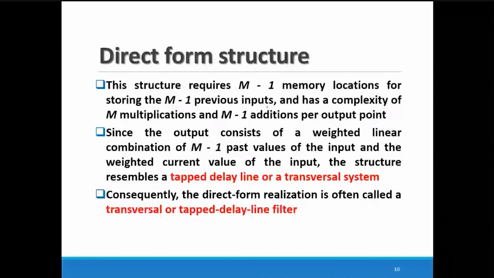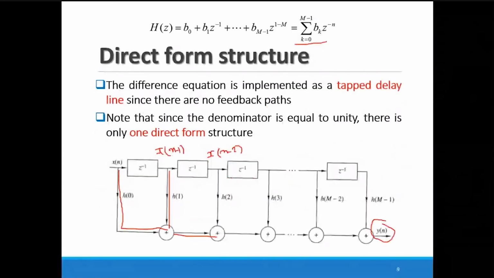As you can see in this equation, k goes from 0 to m minus 1, so in total we have to do m multiplications of bk into z raised to minus k. Then we have to add these terms because the sigma sign is there.